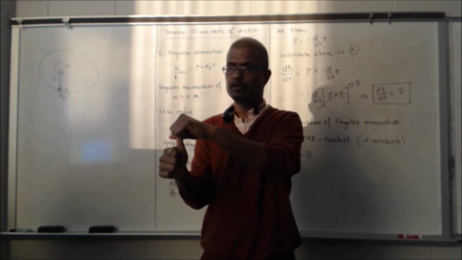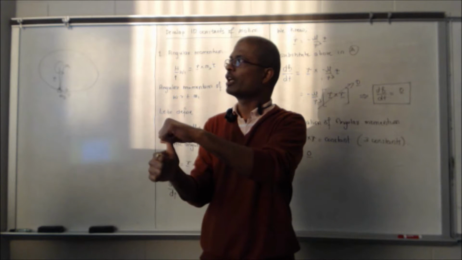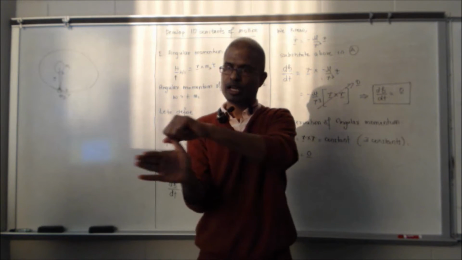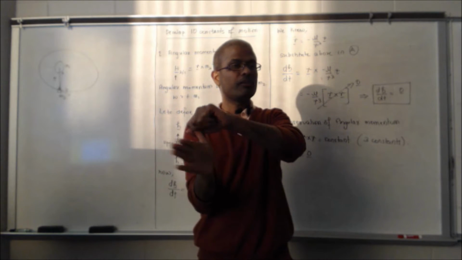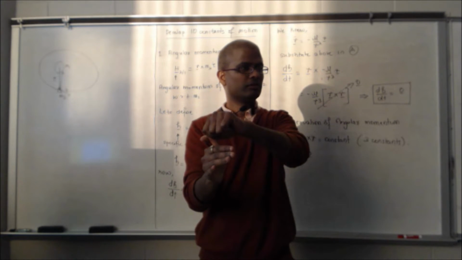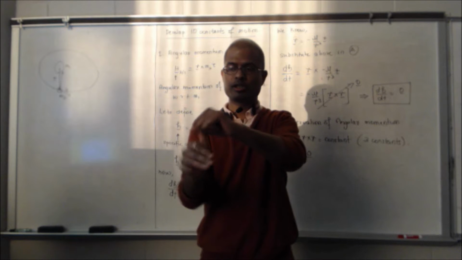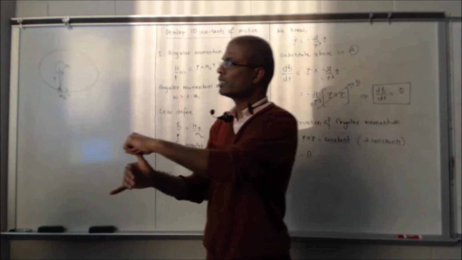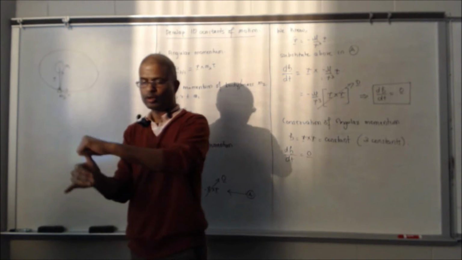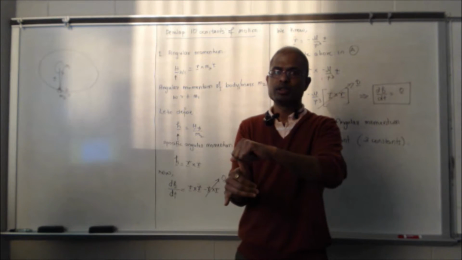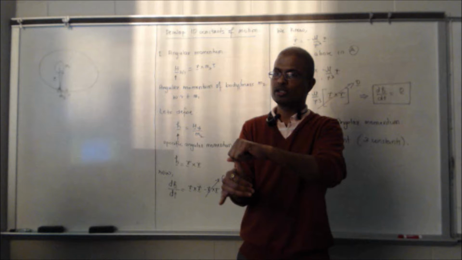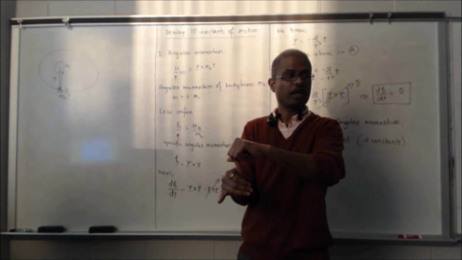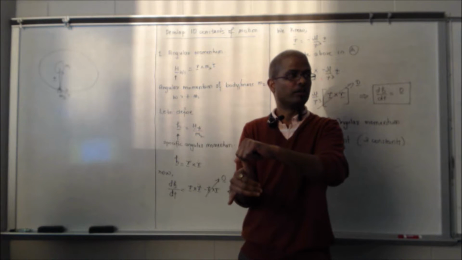R and V have always got to be in the same plane. If it changes, then this will change. This proves, see, the H constant proves that orbits are always in a single plane. R and V are always in a single plane.